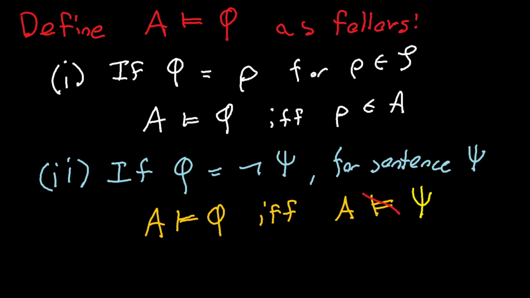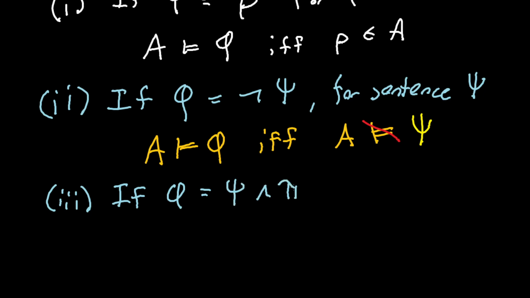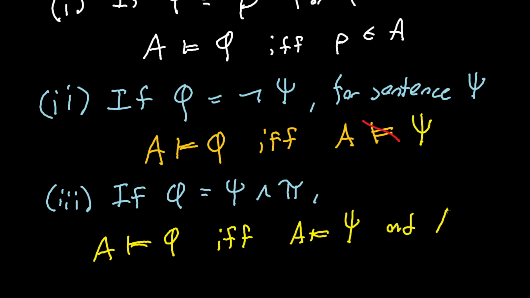And then finally, I'm going to scroll down so I don't have to erase this all. Point 3: if phi is psi and pi, guess what we'll say? A models phi if and only if A models psi and A models pi.